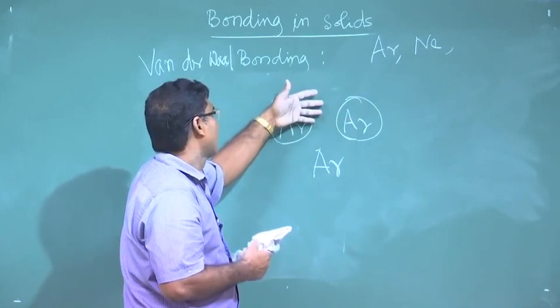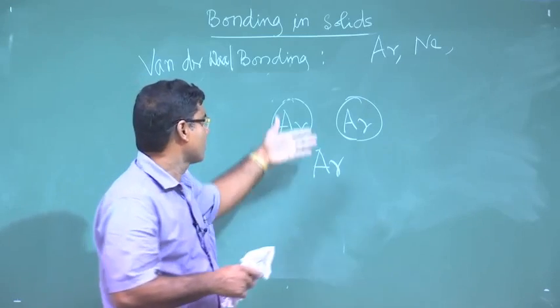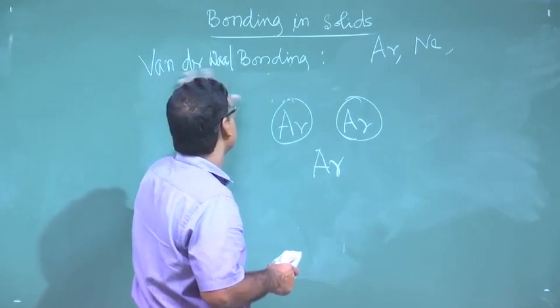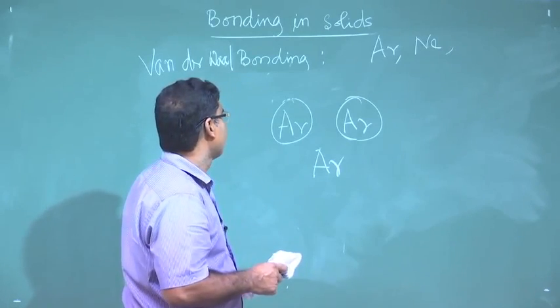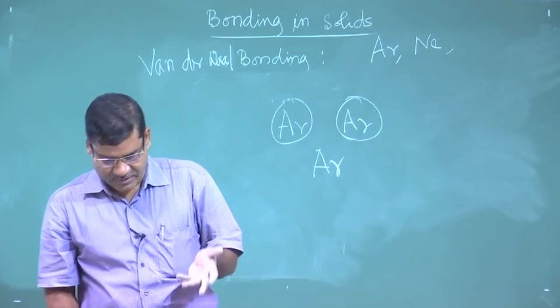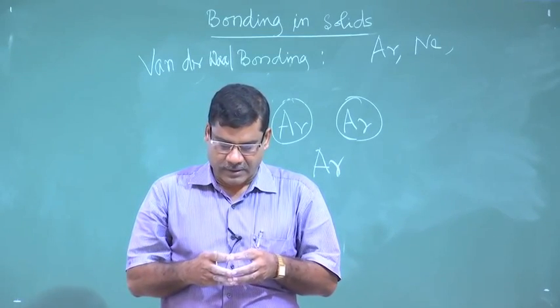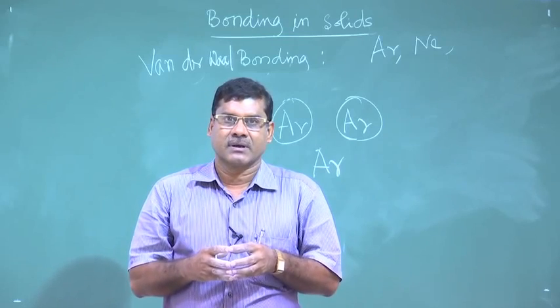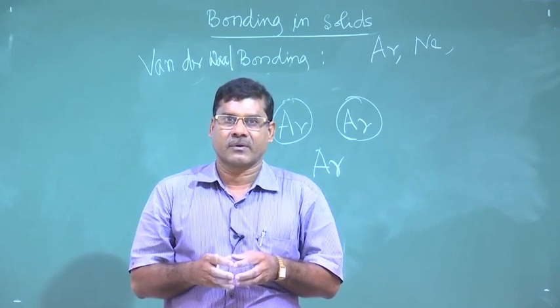And holding these things together in solids, of course here at low temperature, is called van der Waals bonding or molecular bonding, okay. So, this is about the different kinds of bonding or interaction among atoms, which are responsible for the formation of solids.